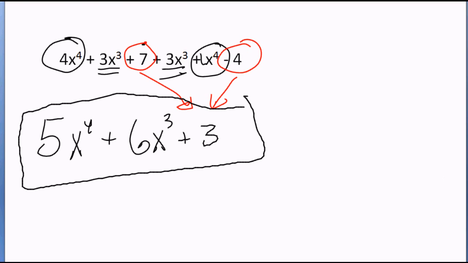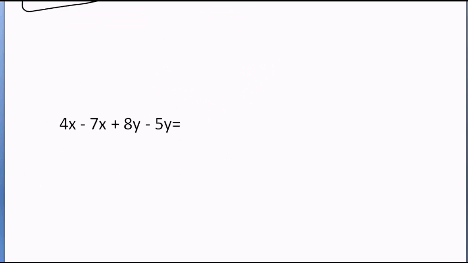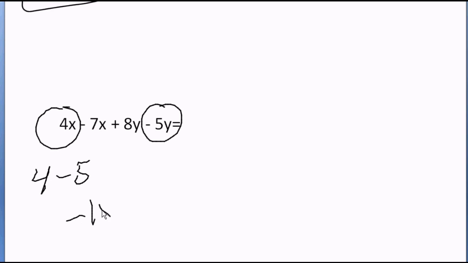One more quick problem. I'm going to add the x's together first. 4x and a minus 5. So on the side here, I'm going to put 4 minus 5. 4 minus 5 is a negative 1x. And then I'm going to do the y's.